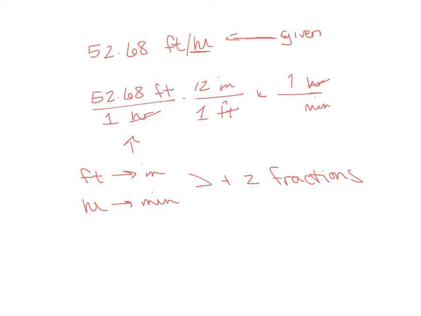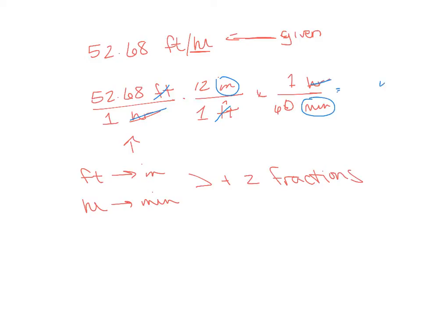So I have 1 hour equaling 60 minutes. Whatever you're changing from just goes in the opposite place, because you need to be able to cancel those out, because you no longer want feet, you want inches, and you no longer want hours, you want minutes. And then you multiply and divide and all that good stuff.